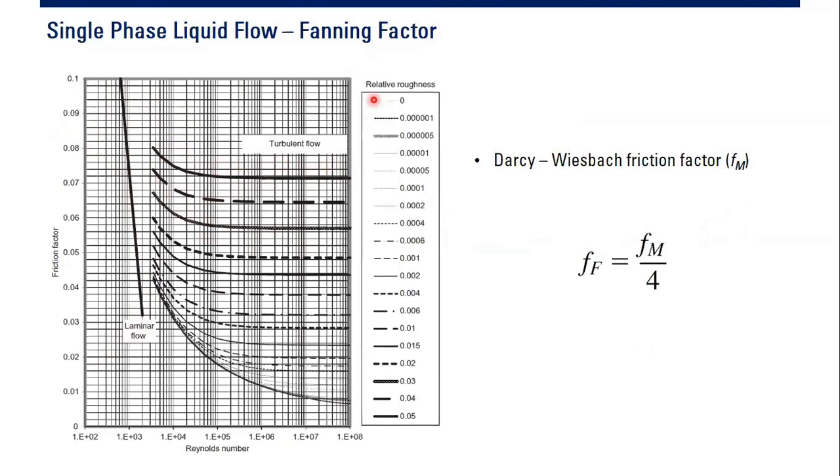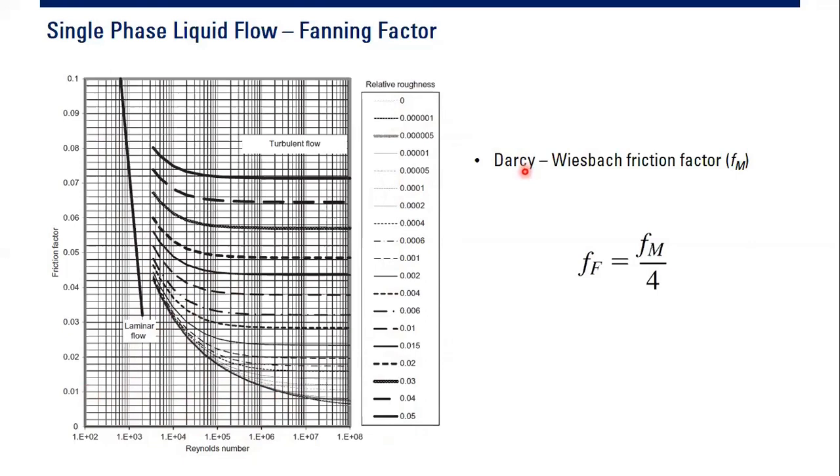Relative roughness values are shown here. You start from the Reynolds number on the horizontal axis, you go up, and you can find laminar flow or turbulent flow. When you hit the turbulent or laminar line, you go to the left to obtain the friction factor, the Fanning friction factor.